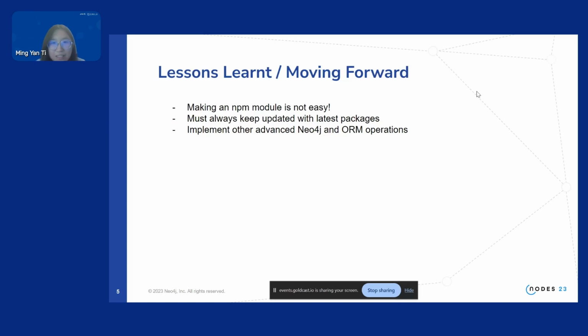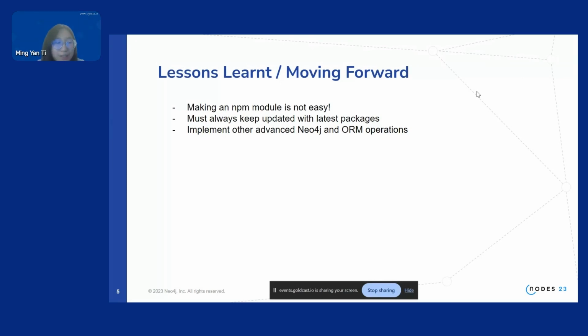And then moving forward, I want to implement the other advanced Neo4j and ORM operations. Right now, the ID from Prisma is not supported yet, and the Neo4j filters are also not supported yet. Right now, all that works is the CRUD operations.